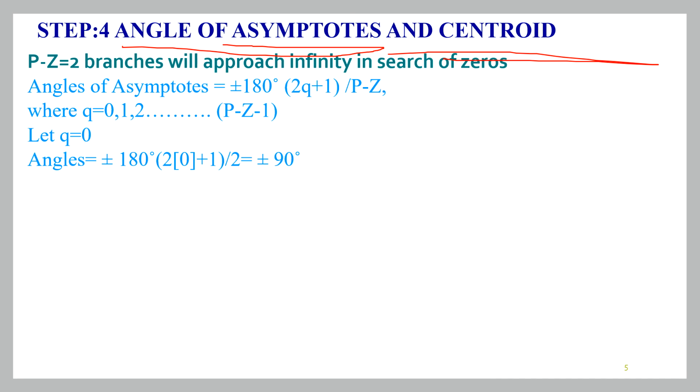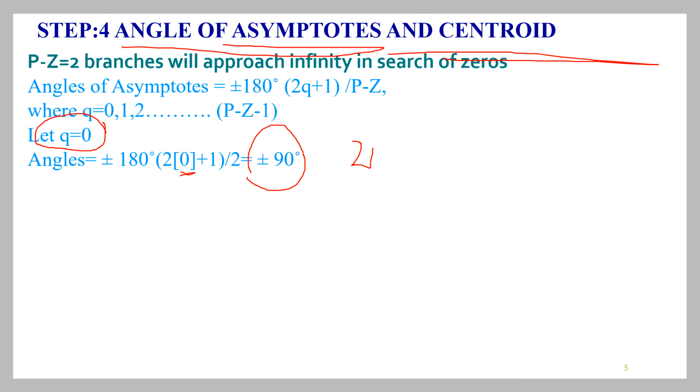P represents the number of poles, Z the number of zeros, and q takes values from 0, 1 up to P - Z - 1. As we require 2 asymptotes, it is sufficient to substitute q as 0 here. When we substitute q as 0, I got the value as ±90 degrees.